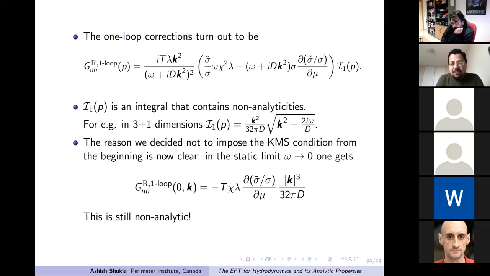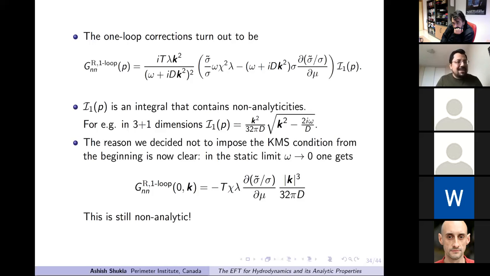But you could have imposed the KMS condition at the effective action. Does this not commute somehow? Normally people just impose it on the effective action and then they don't worry about sigma tilde and sigma. Exactly, and there's nothing to discuss then. So the way we approached this problem was this. We did these computations, and there are other papers as well, and we saw that these results in the static limit were analytic, but it was not clear what was actually bringing about this analyticity.